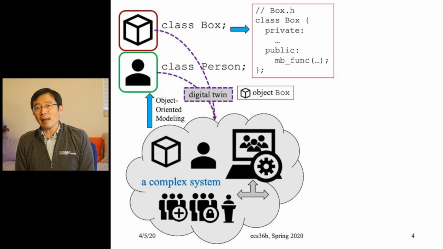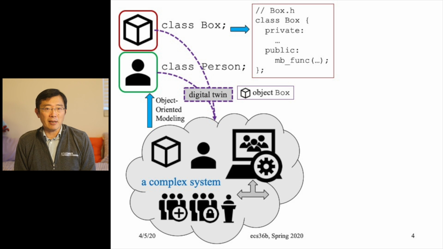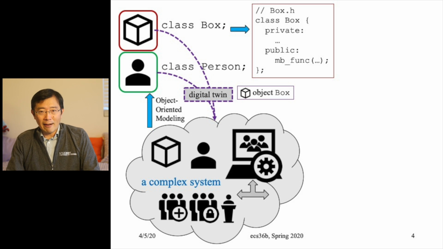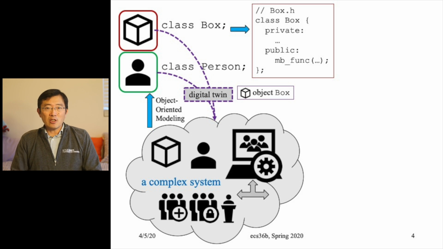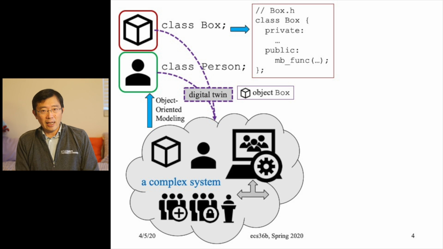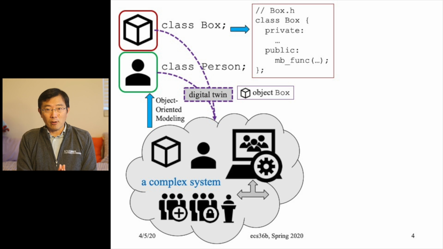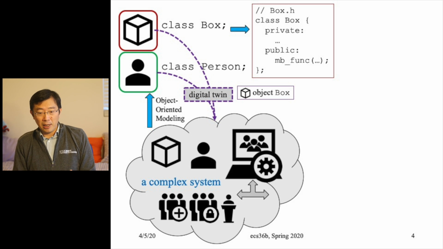This concept is very powerful because the way we solve the problem in a real complex system is that we make a very good effort to provide a digital twin of every single object in that real system in the cyber world. And from now on, we are going to operate in the cyber world. In some sense, we're actually solving the real problem in the real world.